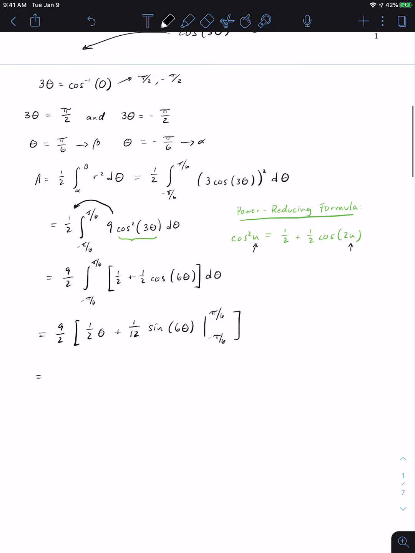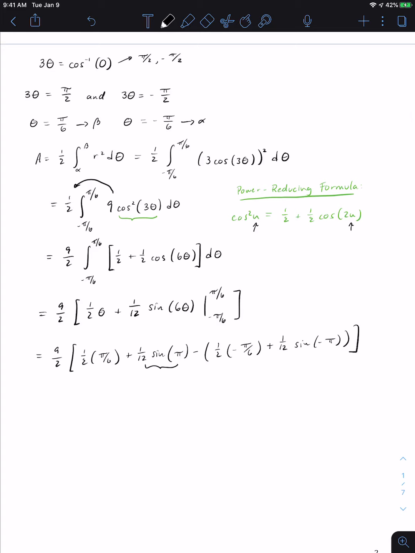So if I do that, I end up getting 9/2 and then 1/2 times pi over 6 plus 1/12 sine of 6's cancel out, so sine at pi, minus 1/2 negative pi over 6 plus 1/12 sine of negative pi. Well, conveniently, sine at pi and sine at negative pi are 0.